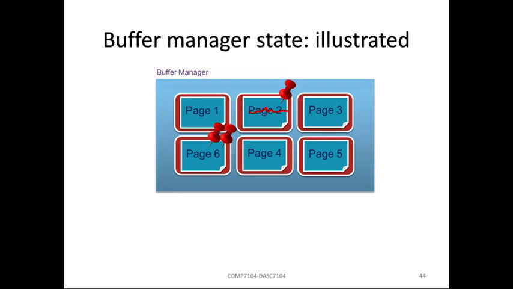Here is the current illustration. Let's say this is the buffer manager state, pages 1 to 6. Pages 2 and 6 are currently under use, are pinned, and page 2 is dirty as well.